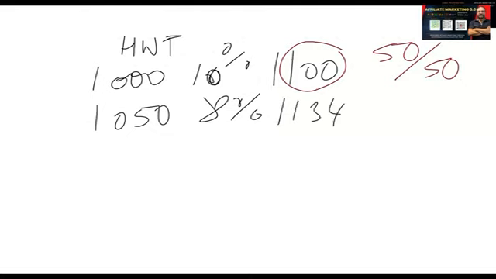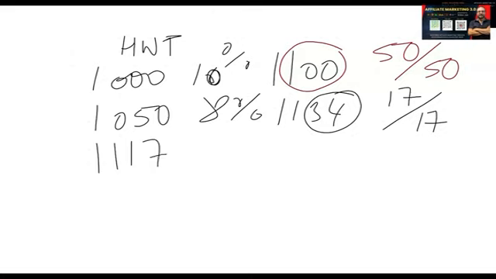Okay, so this $34 is now split 50-50. So the trader gets $17, you get $17. So now in your wallet, it will show $1,117.